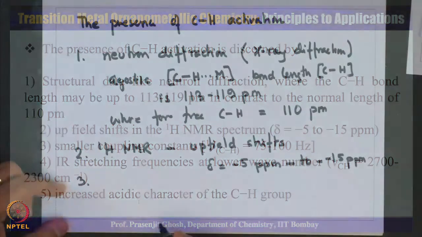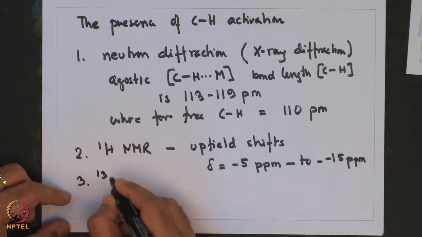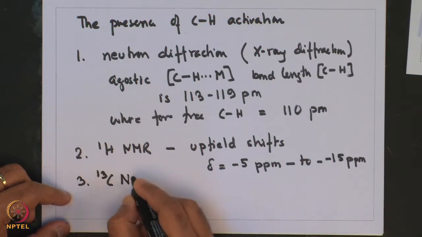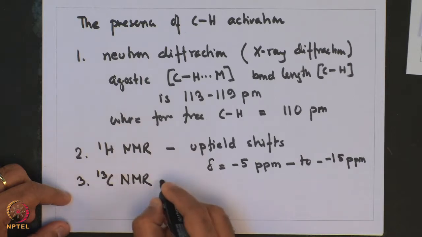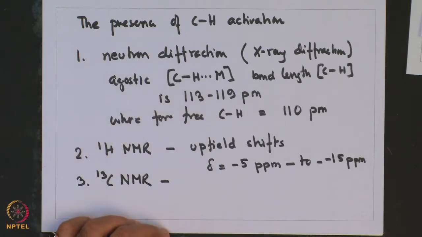Furthermore, in carbon 13 NMR, the presence of Agostic interaction is also prominent.